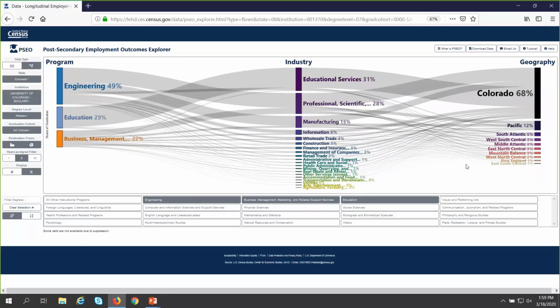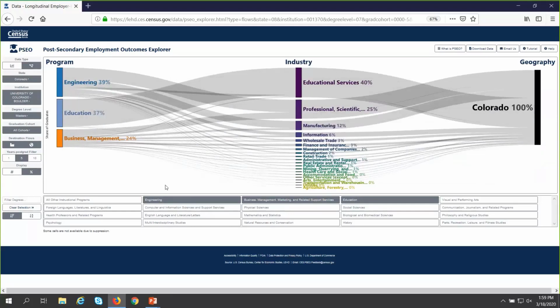And you can see that 68% of them are. And you can say, okay, now that we're in Colorado, where are they being employed? And you can see a large share of them are in education services, which if you scroll over, you can see most of that is actually from education, which is not super surprising. And then a large share is also in professional science and technical services.